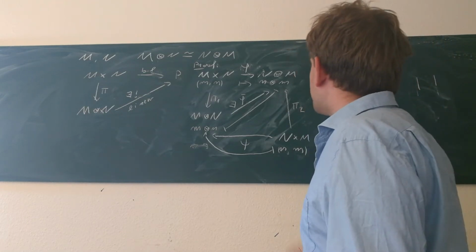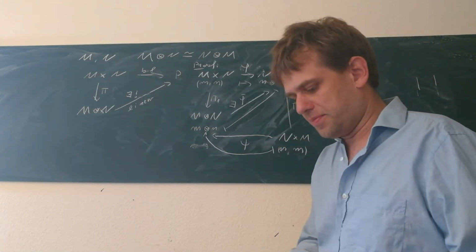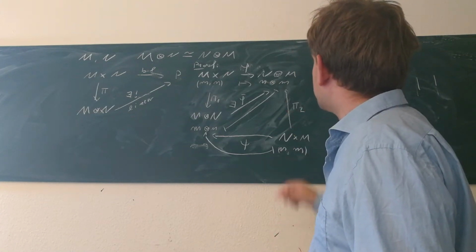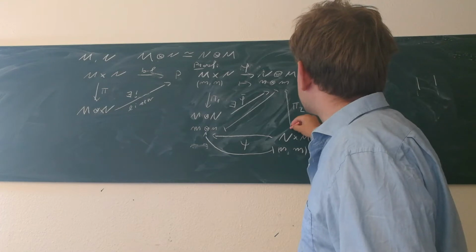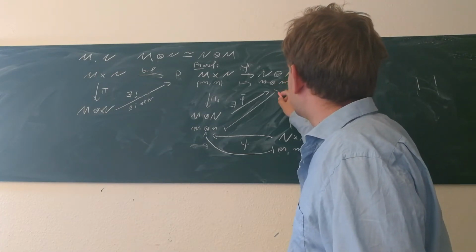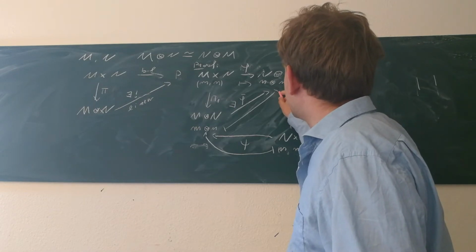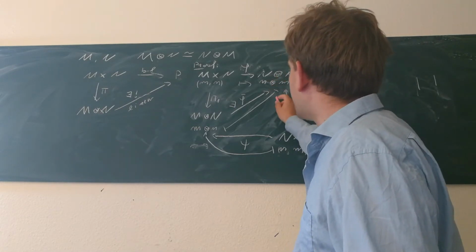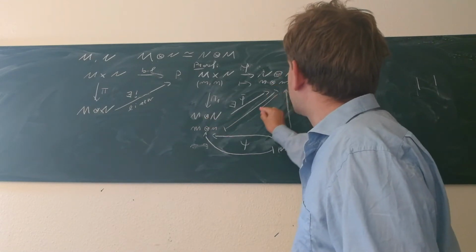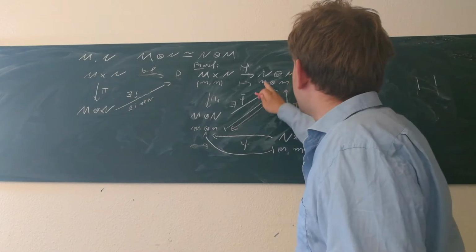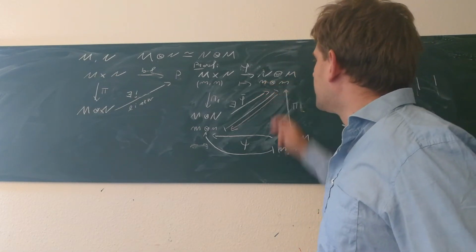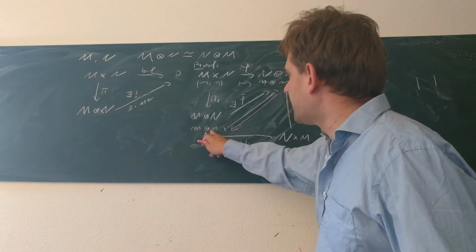And then we know that we have a unique map. Let me use another color to make this more readable. And then we can follow this by this unique linear map from N tensor M to M tensor N, which sends this element n tensor m to m tensor n.